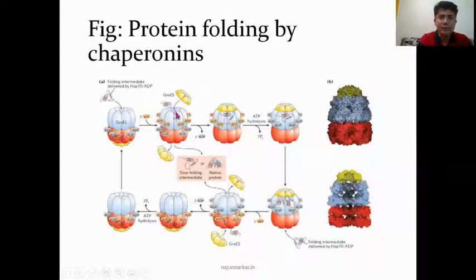So after the protein is delivered into this barrel, GroES binds to the GroEL protein like a cap, and ATP hydrolysis occurs. During this, the proper folding of the protein occurs, and the protein is then released.